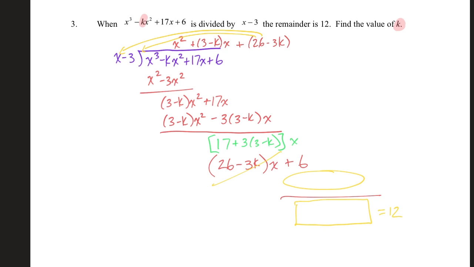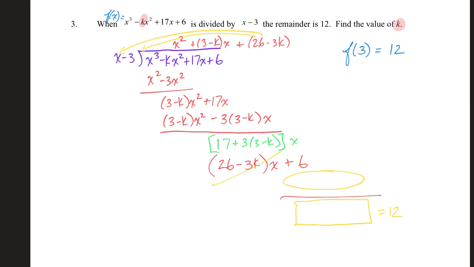Instead, I'm hoping that we just said, well, I'm dividing by x minus 3, so I get a remainder of 12. Well, I have remainder theorem in my back pocket. And so if I just snuck in a little f of x equals, then if I'm dividing by x minus 3, I could just substitute 3 in, and I know that I would get 12.